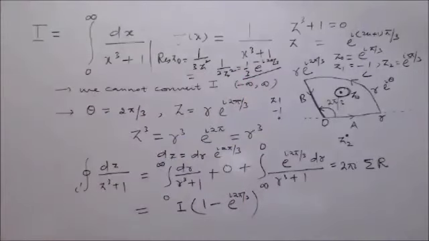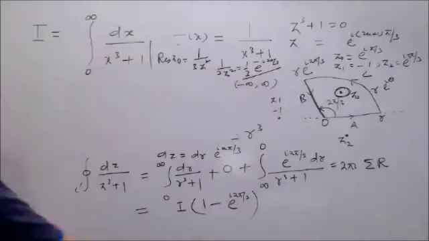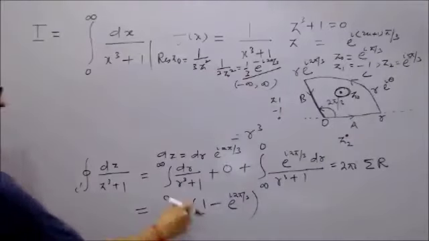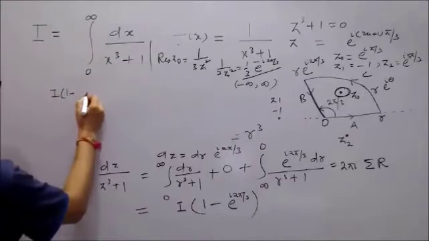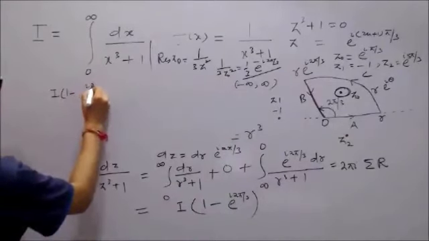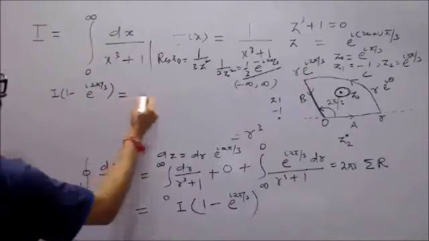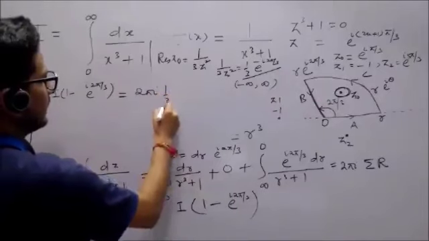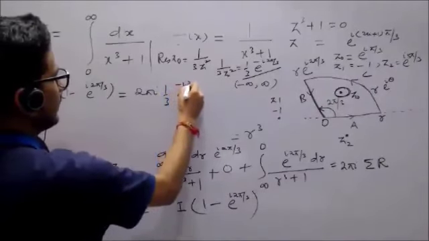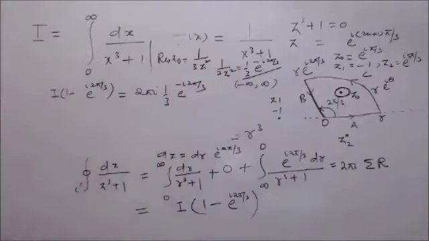Is that okay? This much is okay. So what is the value? I into 1 minus e to the power I 2 pi by 3 is equal to 2 pi I 1 by 3 e to the power minus I 2 pi by 3. Please check this. This is okay?